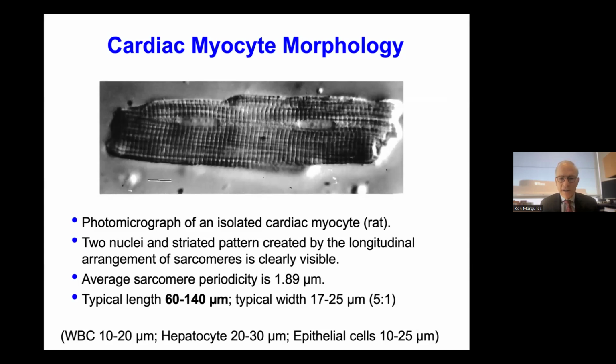One of the things I want to highlight, even at this first slide, is that myocytes are big cells compared to other cells around the body, much bigger than white cells, and considerably bigger also than hepatocytes or epithelial cells or nearly any other cells around the body. Skeletal muscles are an exception that are bigger still, but they have some of the same adaptations to manage their excitation-contraction coupling needs, as we'll go into in a moment.